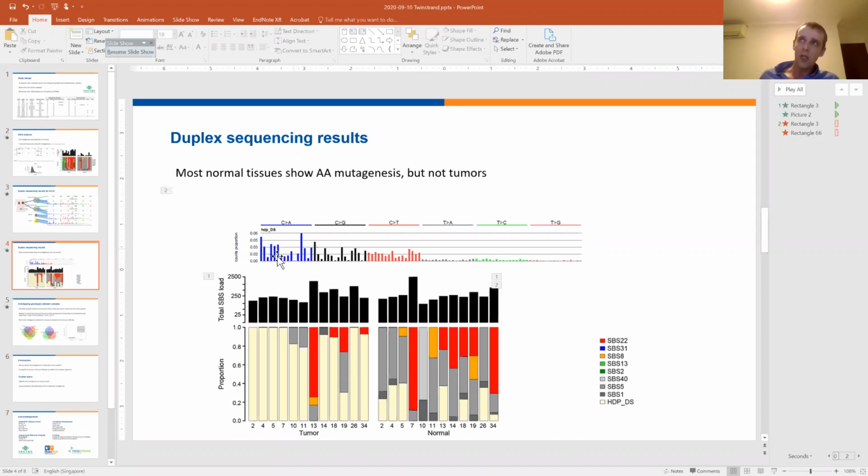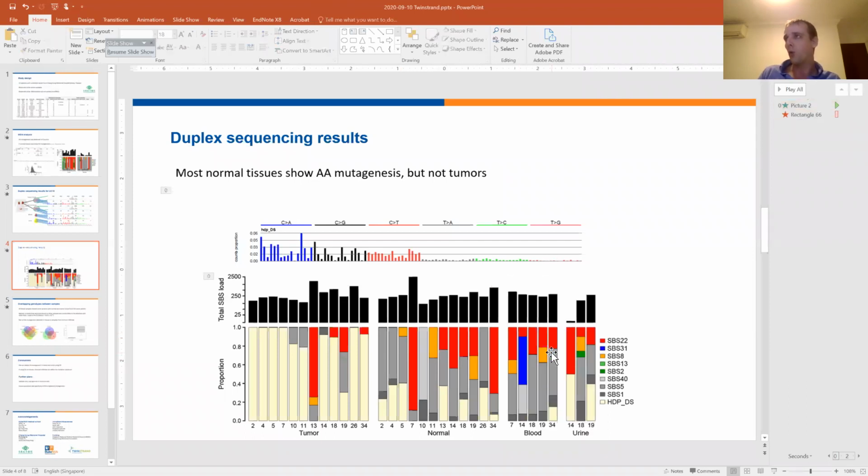Then we did mutational signature assignment again. We see here that this duplex sequencing specific signature is much more prevalent in the tumors than in the normals. So we think it's real, but we have not had time yet to look in patient tumors whether we can see the same mutational process.